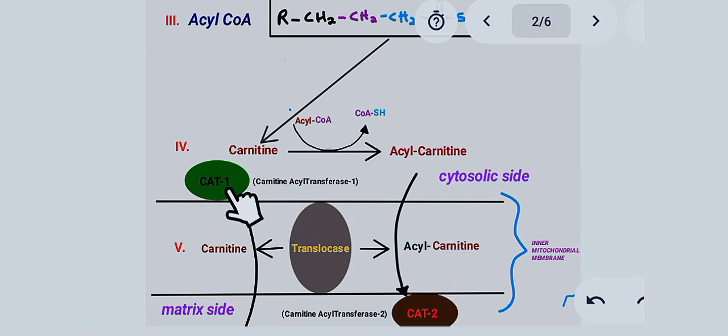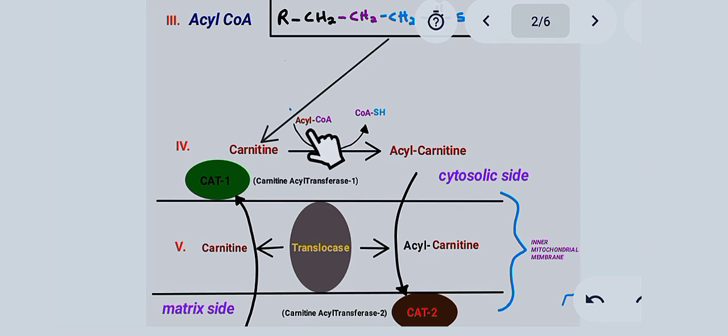Now, what is this enzyme doing? This enzyme is going to catalyze the removal of coenzyme A from acyl-CoA, and then it will catalyze the addition of carnitine to acyl so that we make acylcarnitine. So in simple terms, it's removing coenzyme A and replacing it with carnitine so that we make acylcarnitine.